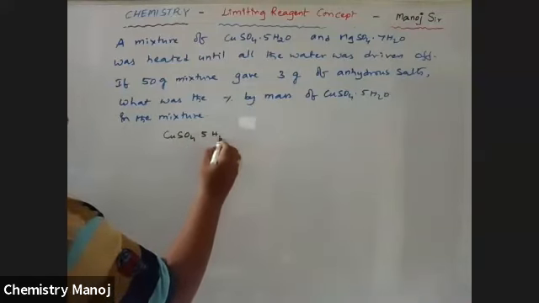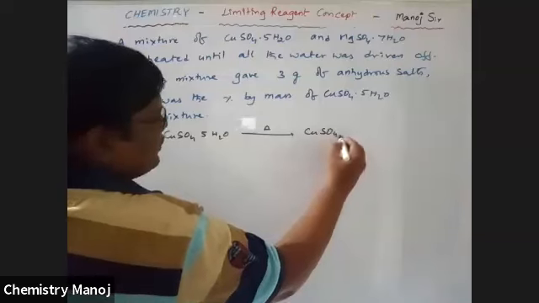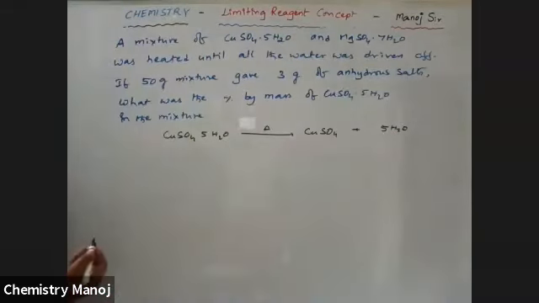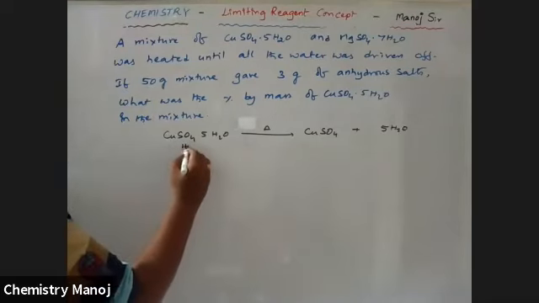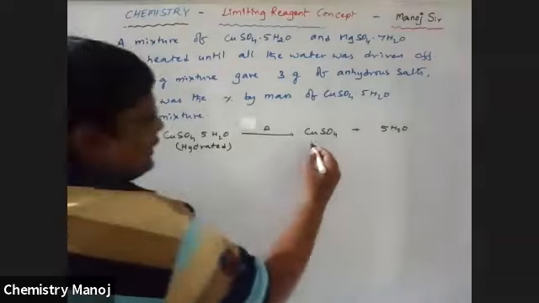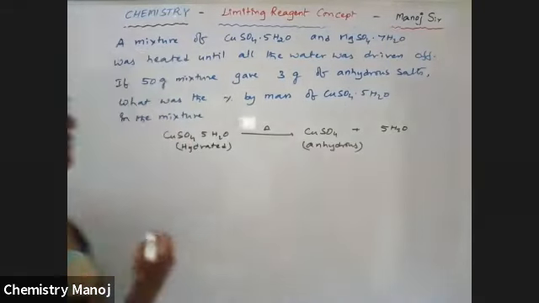CuSO4 5H2O on heating gives CuSO4 plus 5H2O. This one is hydrated, this is anhydrous substance.